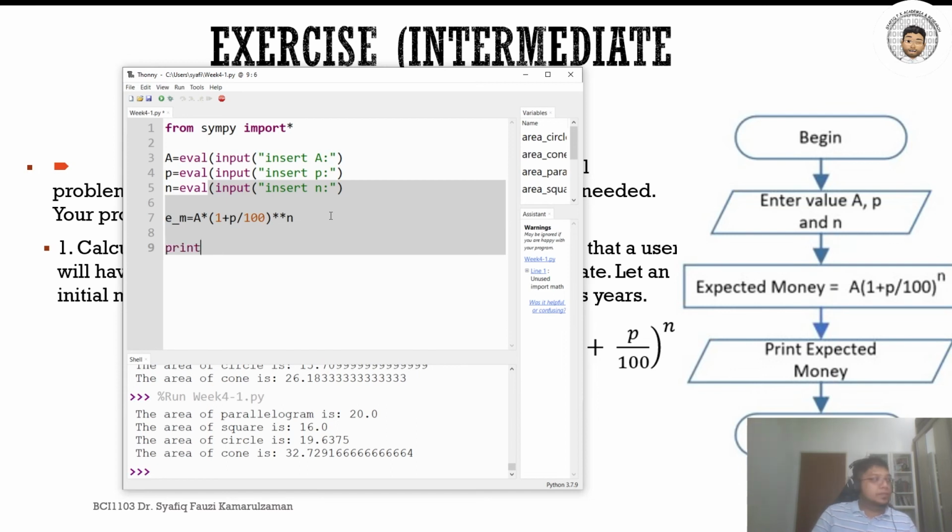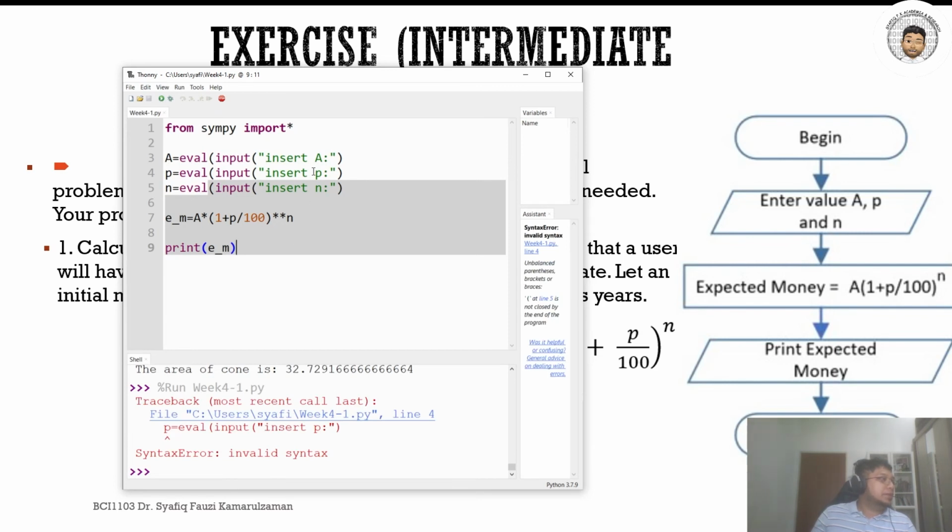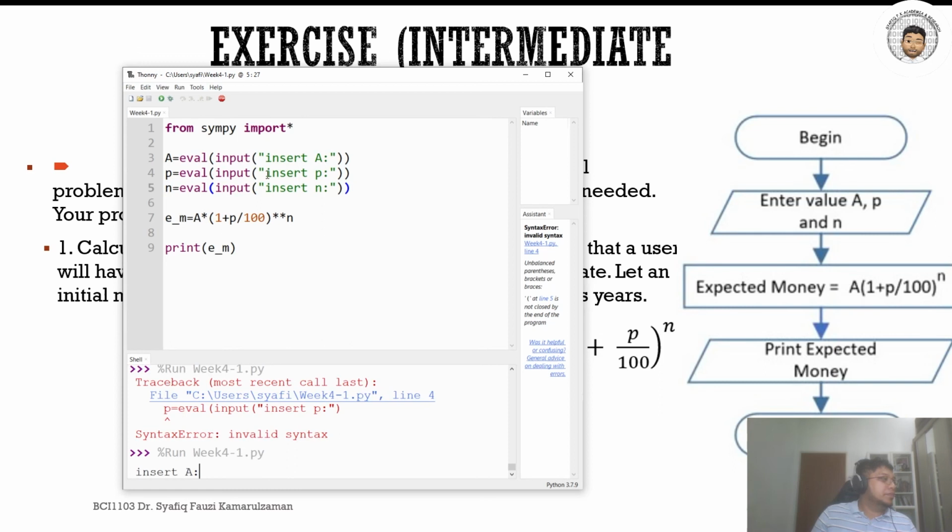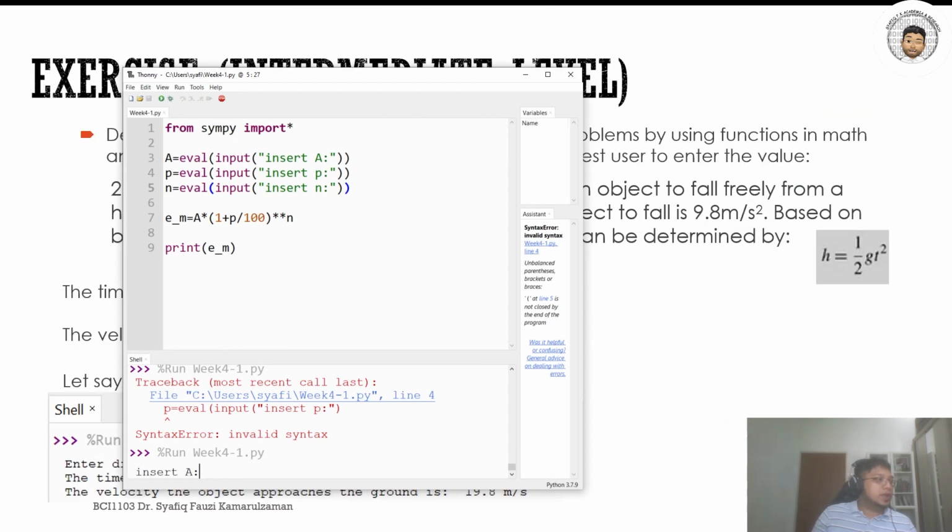Okay, print E_M. So let's try. Run it. Insert P. All of them are needed. Gosh, forgot one. Okay, so A is... do we have any sample answer?